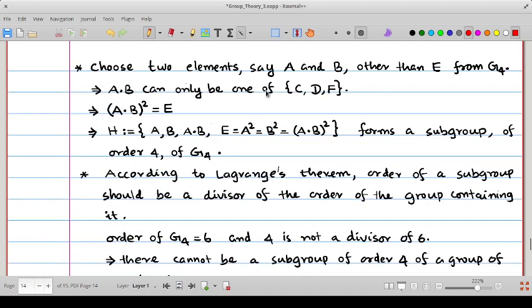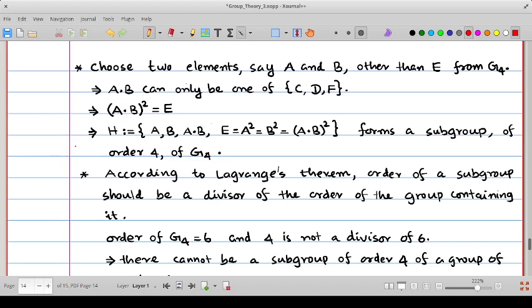But then Lagrange's theorem tells us that any subgroup of a given group should be such that the order of the subgroup should be a divisor of the order of the group. Now, the order of the group here is 6, and the order of the subgroup constructed this way is 4, and 4 is not a divisor of 6.